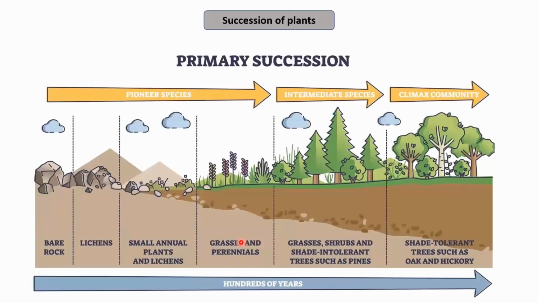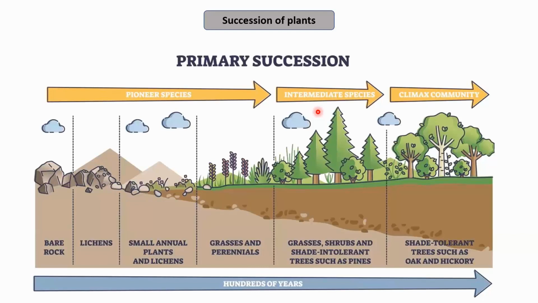Now we will try to understand succession by taking examples of plants. The primary succession here is shown, where hundreds of years are required by the plants to grow. The succession starts on the bare rock where there is no soil, and lichens may inhabit that area, coming from the surroundings.